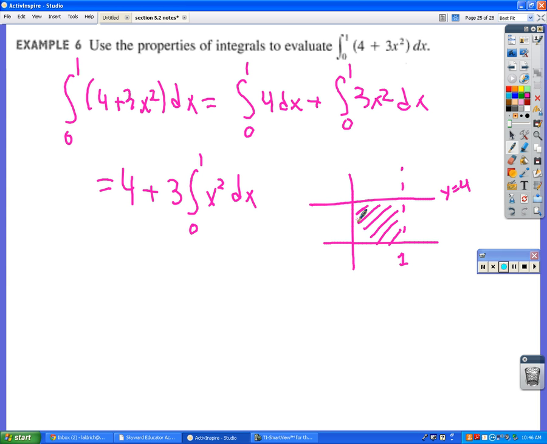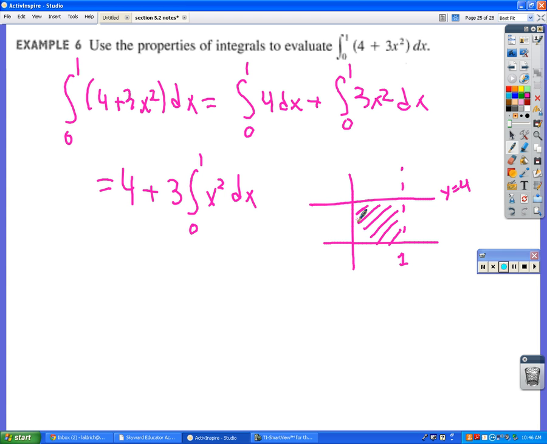All right, and then Gabby said I can pull this 3 out to make this an easier problem. And what I started to say is, you already know the answer to this one right here. We did it before in class. What was the answer? It's 1/3. This is the parabola from 0 to 1.